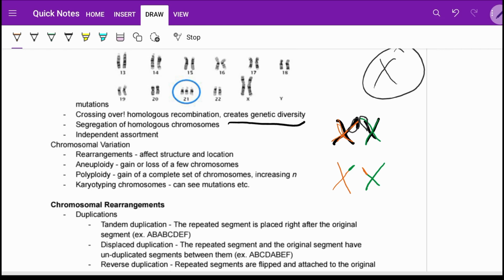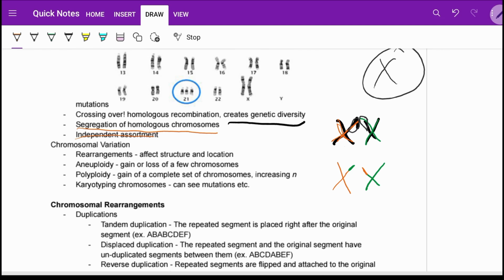We also have segregation of homologous chromosomes. That just means that it's not random chromosomes that are crossing over, which would cause a whole host of problems. These chromosomes carry the same genes, they just maybe carry different alleles. We also have independent assortment, which means say the orange ones are from your father and the green ones are from the mother.